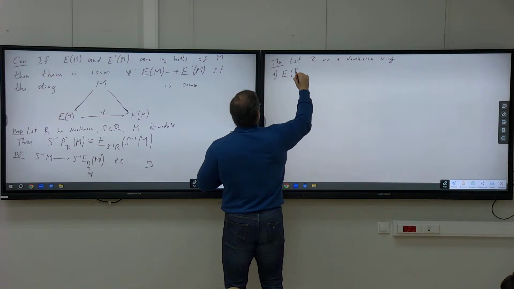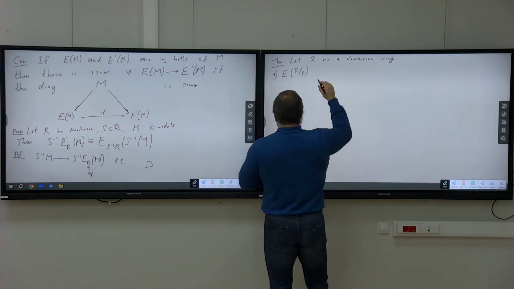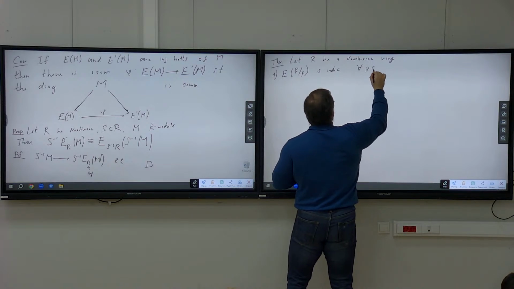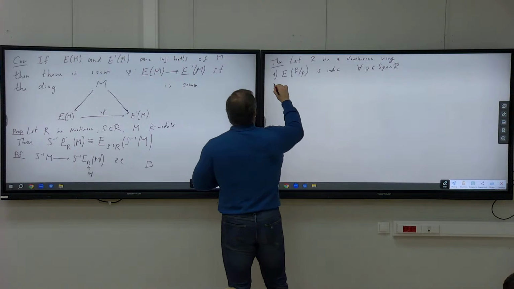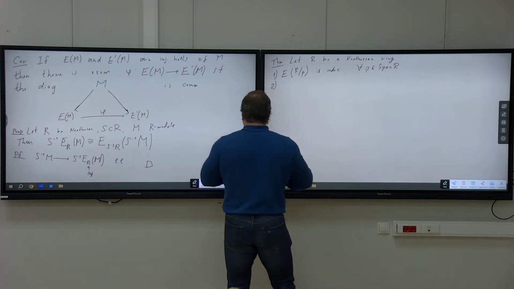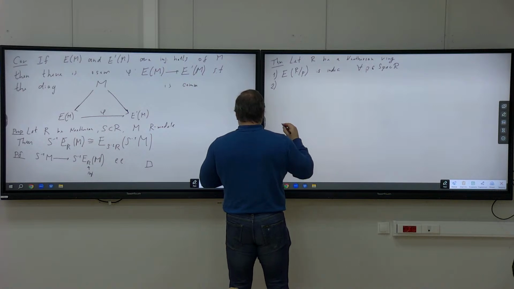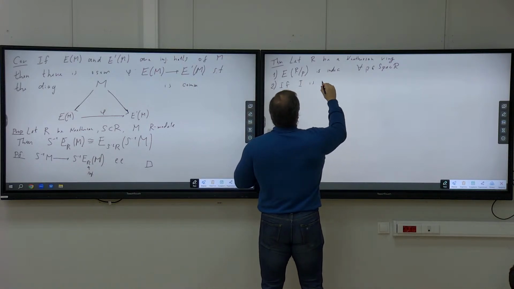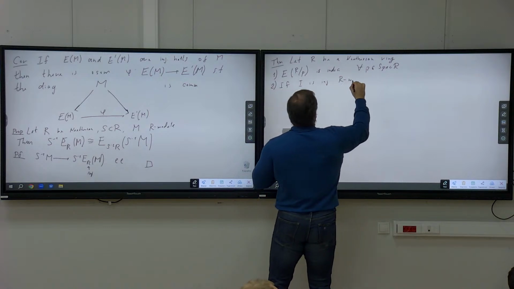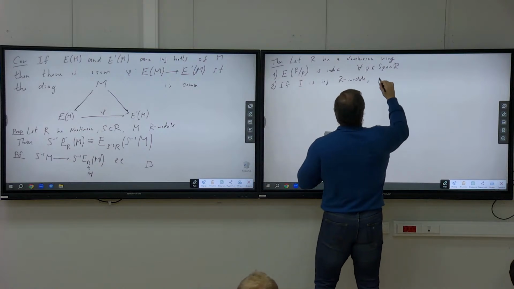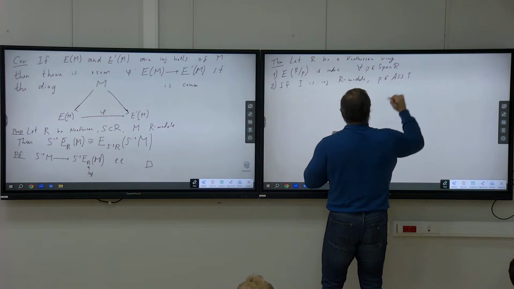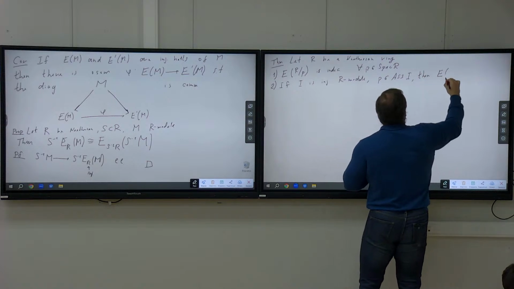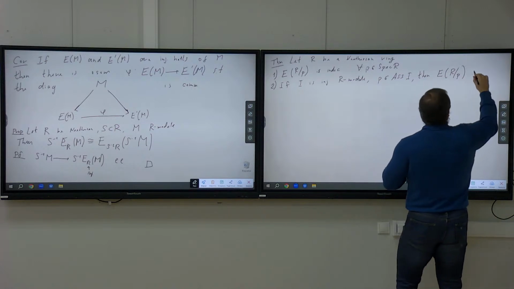First, that the injective hull of R modulo a prime ideal is indecomposable, for any prime ideal in the ring R. And the second, if I is an injective R module and the prime ideal P is associated to this injective module I, then the injective hull of R modulo P is a direct summand of I.